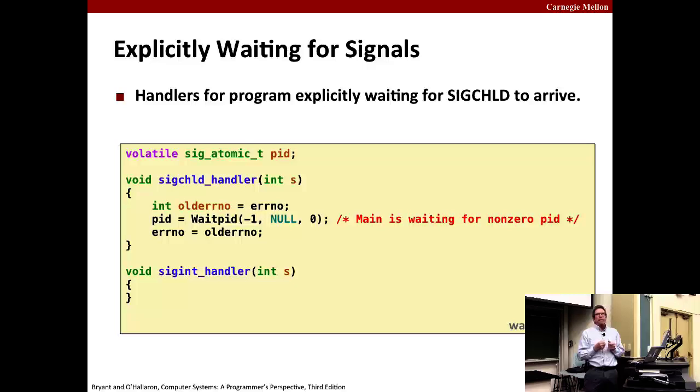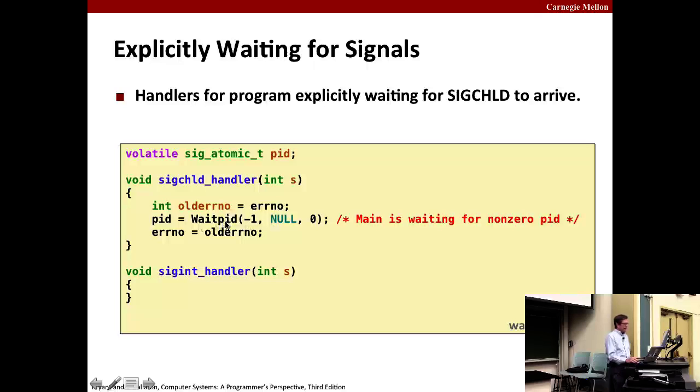Okay, so if we can't put a wait in the main routine, how are we going to detect that our foreground job is finished? Right? So what we could do, we could define in the SIGCHLD handler, when we reap the foreground job, right, we've created a foreground job.